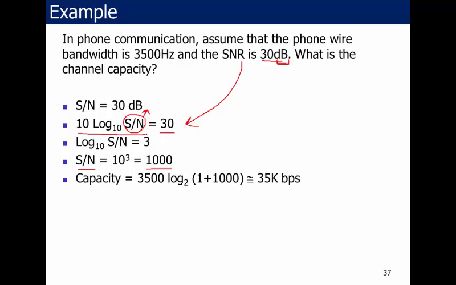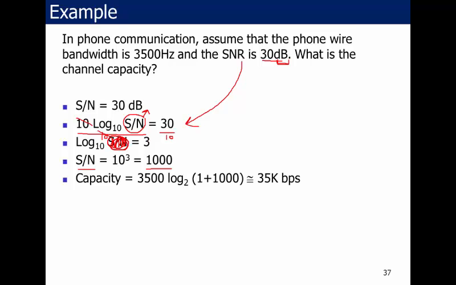Anybody doesn't know how to calculate? Everybody knows that, right? We divide by 10, 10 here, 10 here. We cancel this out. And 30 over 10 is 3, right? So log base 10 of SNR, this is what we want. We don't have to worry about that.